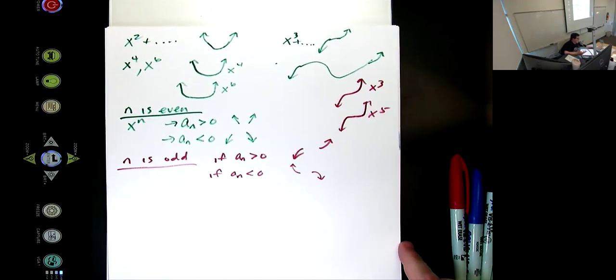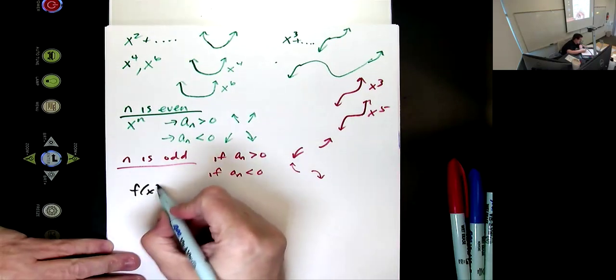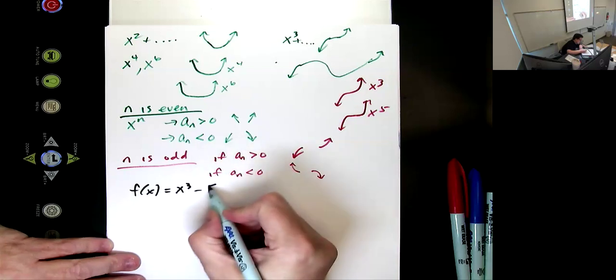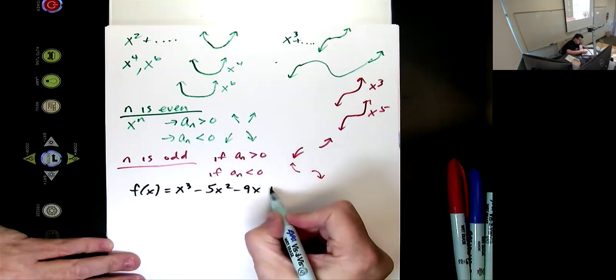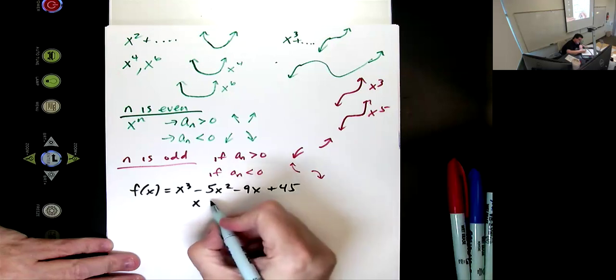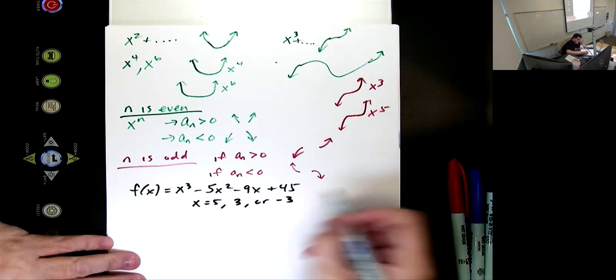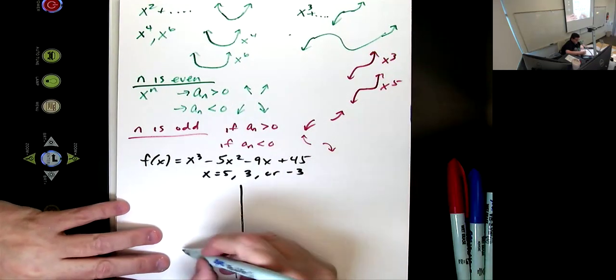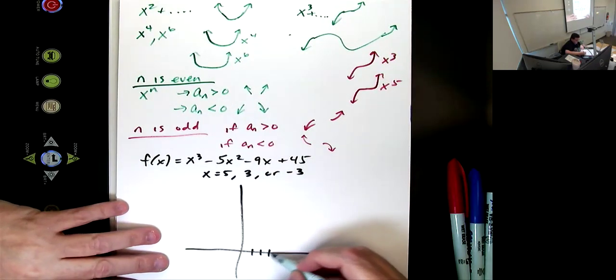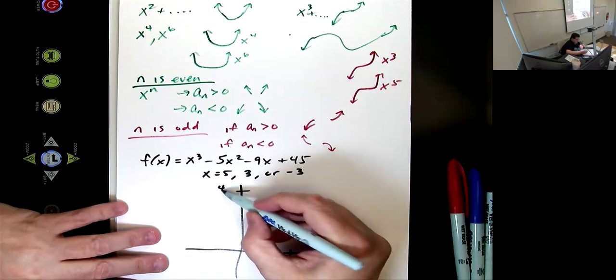Okay, so we've got our intercepts, and we've got our end behavior. So that tells me, with our f of x equals x cubed minus 5x squared minus 9x plus 45, and we saw that x equaled 5, 3 or -3. Let's say that's at 45.